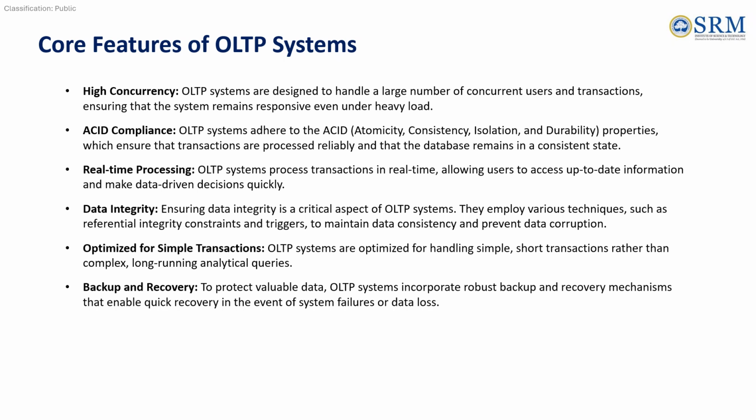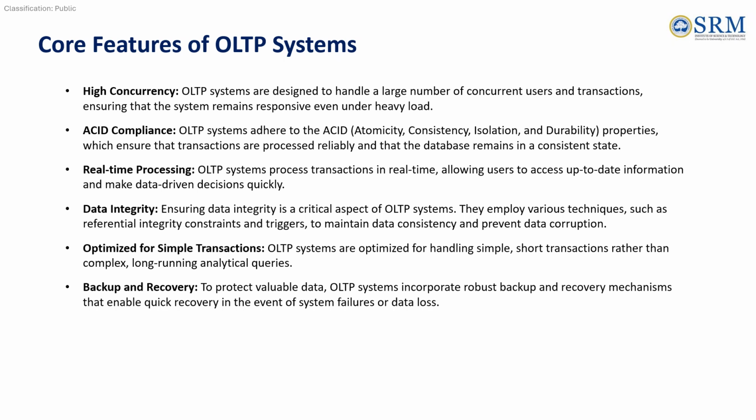Let us now understand the core features of OLTP systems. One of the most important features is high concurrency. OLTP systems are designed to support a large number of users and transactions at the same time without slowing down the system. For example, thousands of customers may access an online banking system simultaneously.